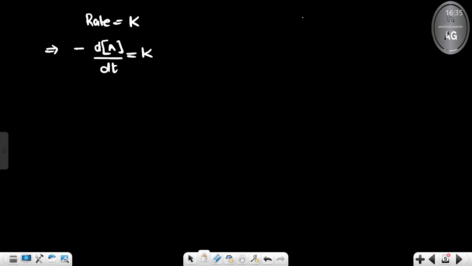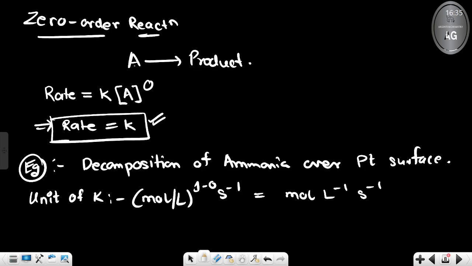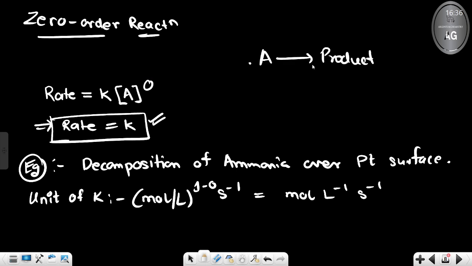Now the reaction given was A to product. At time t equals 0, let us assume the number of moles of A is a, and the number of moles of product is 0.